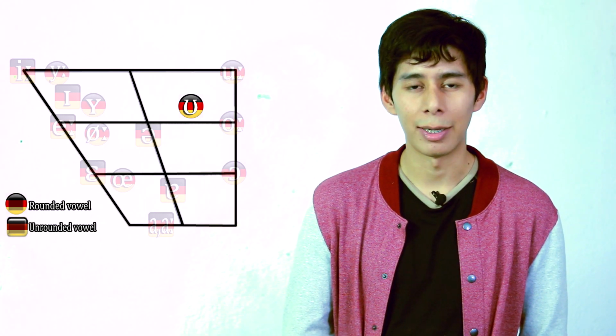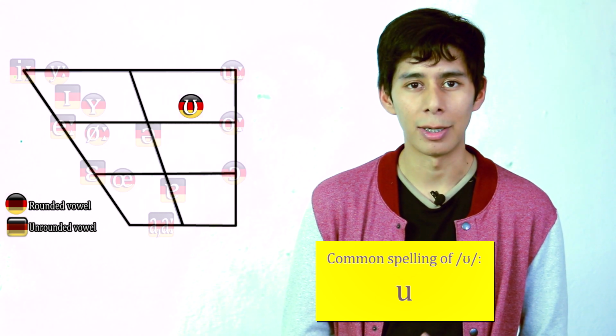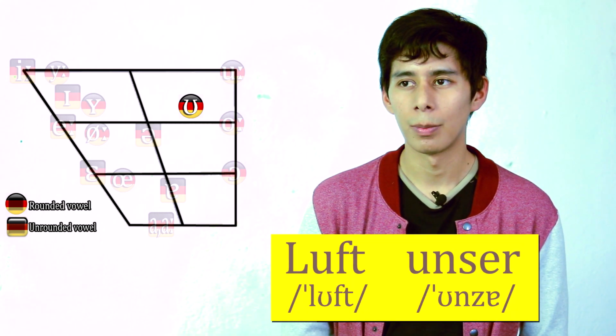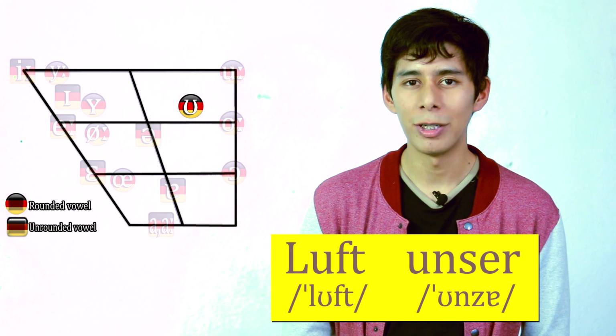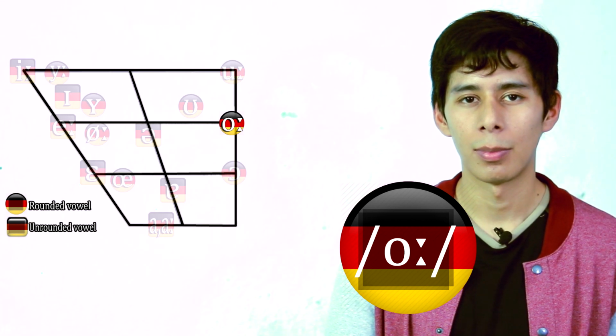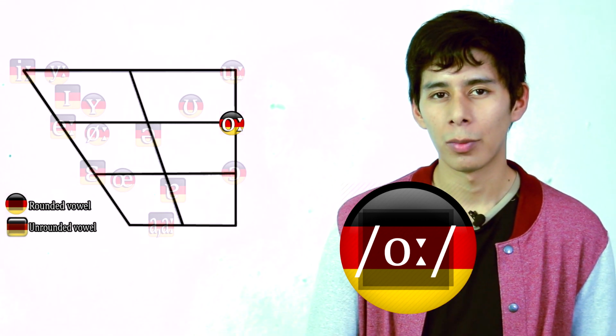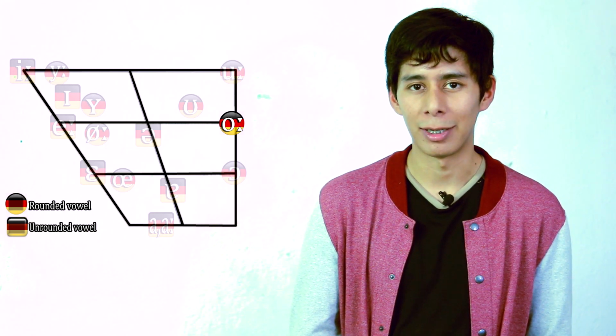This sound is represented by the letter U. We find it in words like Luft, unser. The next vowel is O. As we can hear, this is a long and close vowel sound.